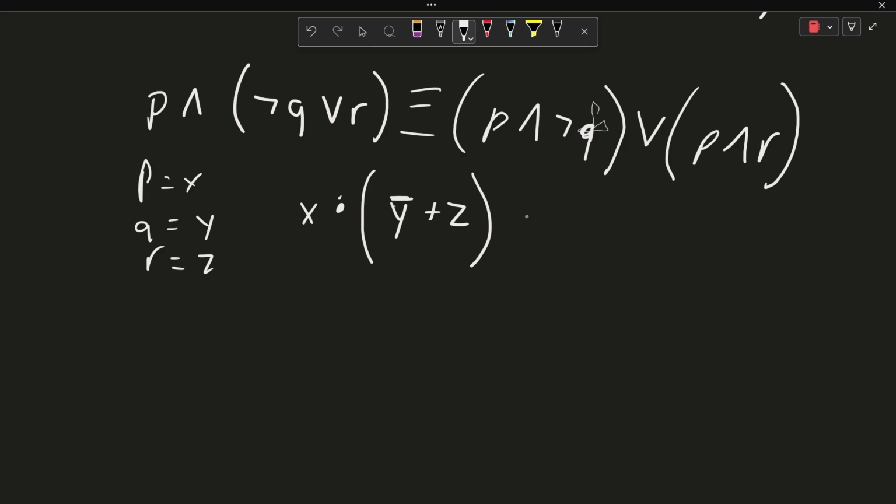So then that's X, and now I don't have to write the times. Y not. You could write it like that, or you could write it with the multiplication thing.